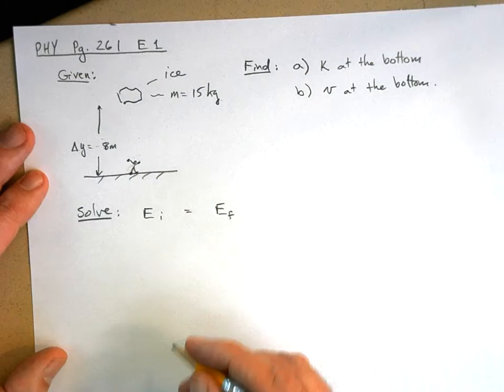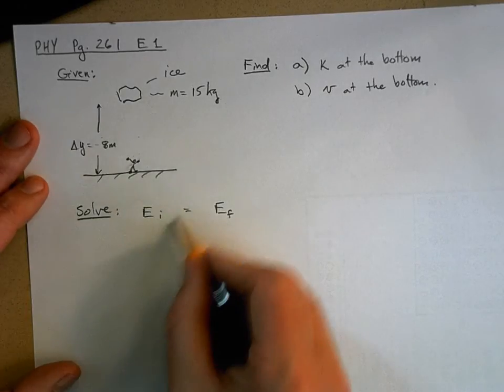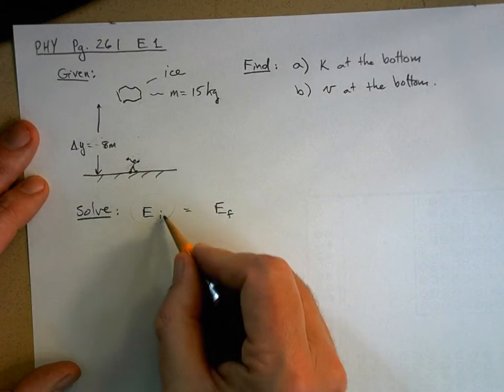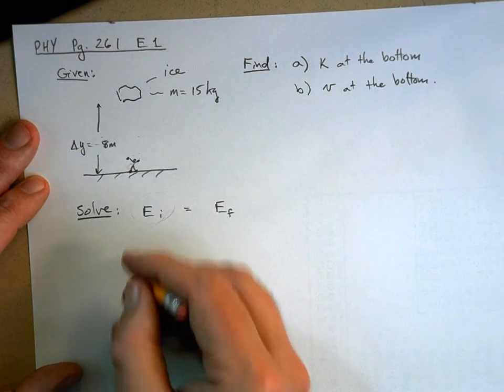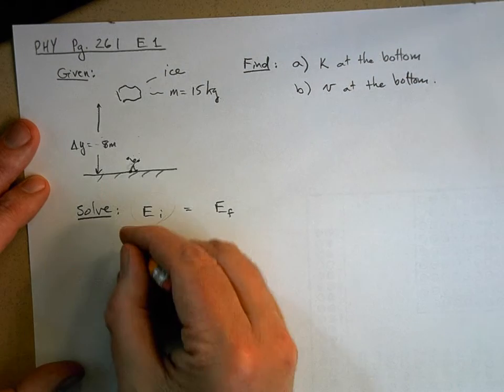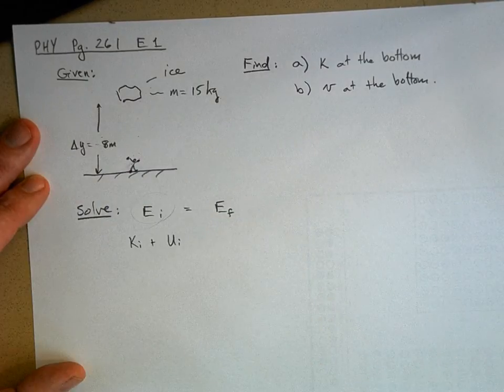Now, mechanical energy. This is the initial mechanical energy, the mechanical energy when the ice is up here. Mechanical energy is defined to be kinetic energy plus potential energy.